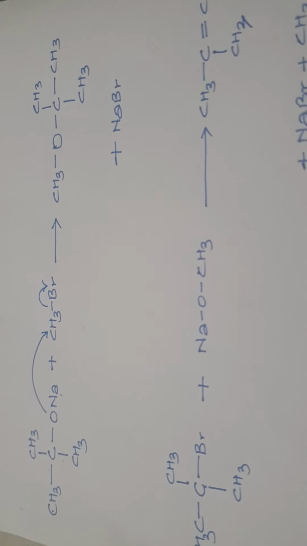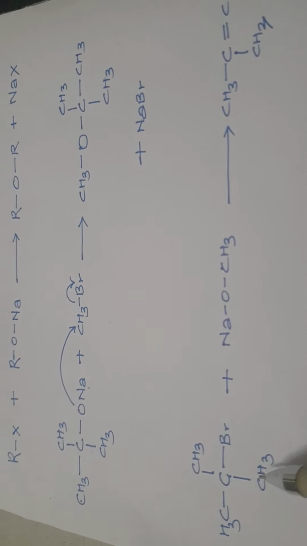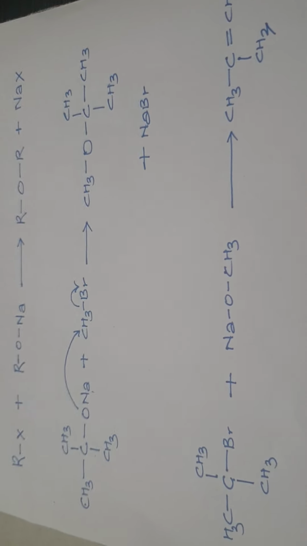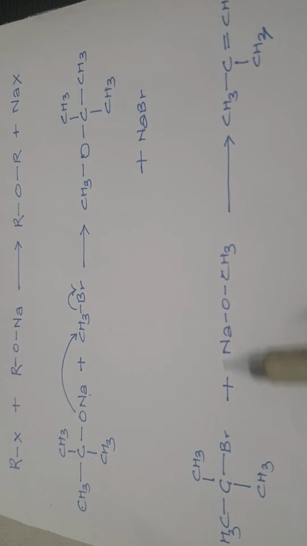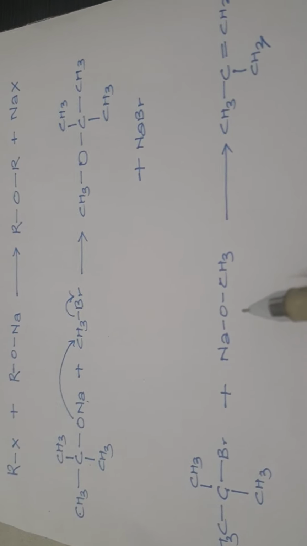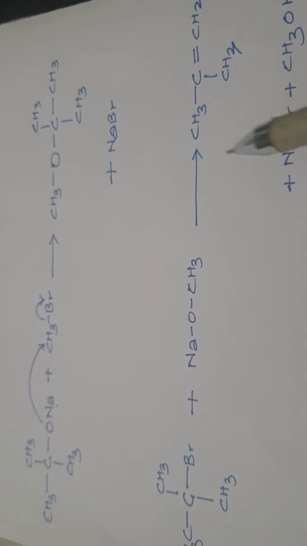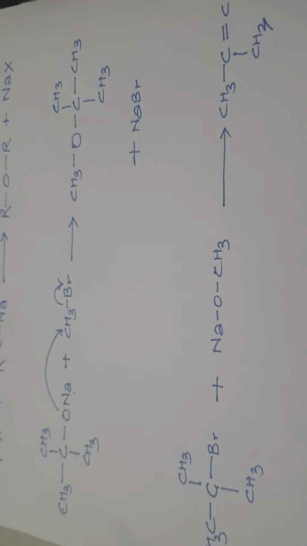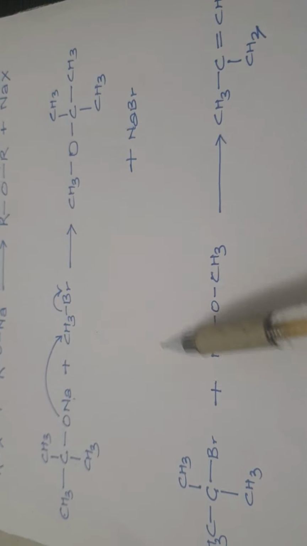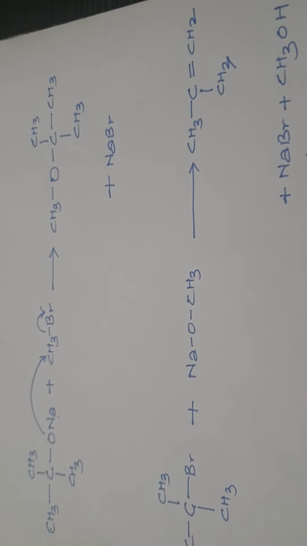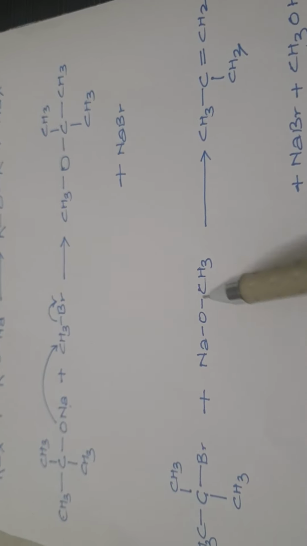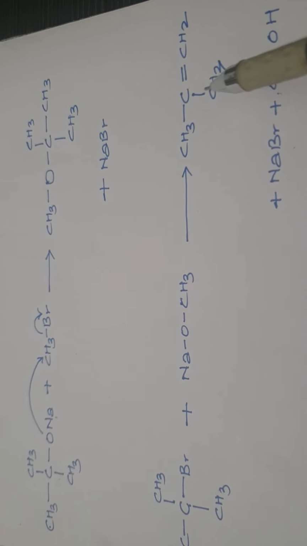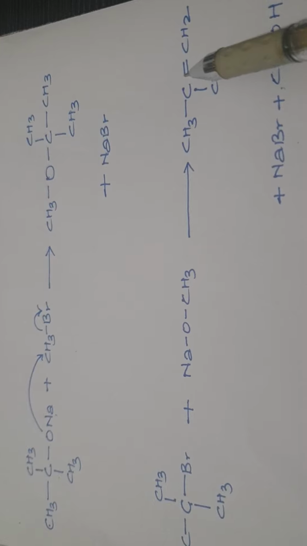The same is being shown over here. Look at it. As we have taken the case over here, if I am having this tertiary butyl bromide and I am having sodium methoxide, here is the thing, it is undergoing elimination reaction. So your bromine is removed along with the sodium, and sodium bromide is formed. Your CH3O and H from here goes to give you CH3OH, and what you obtain is alkene as your product.